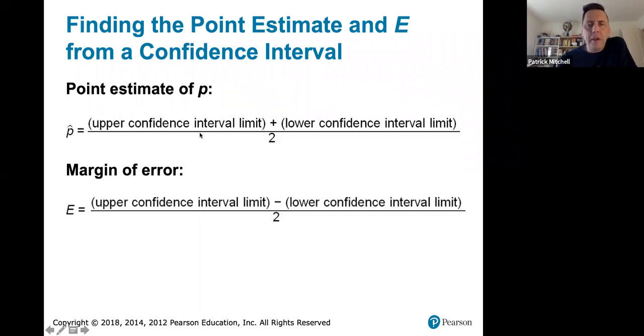So to find P hat given the confidence interval, just take the mean of the upper and lower limits, add them together and divide by 2. So that seems pretty logical. The margin of error, you take the width of the interval, the range between the upper and lower limits, and divide that by 2. Okay.